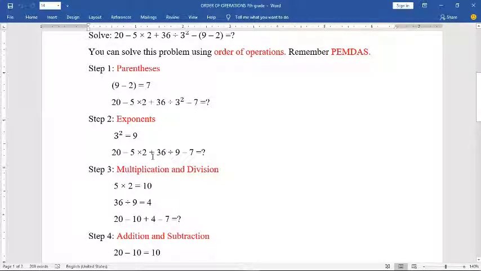We're not going to add nor subtract. We solve the division problem next because the rule says multiplication and division. 36 divided by 9 is 4. This is my new problem: 20 minus this 10 plus this 4 minus 7. We still don't know the answer because we're not done solving the problem.